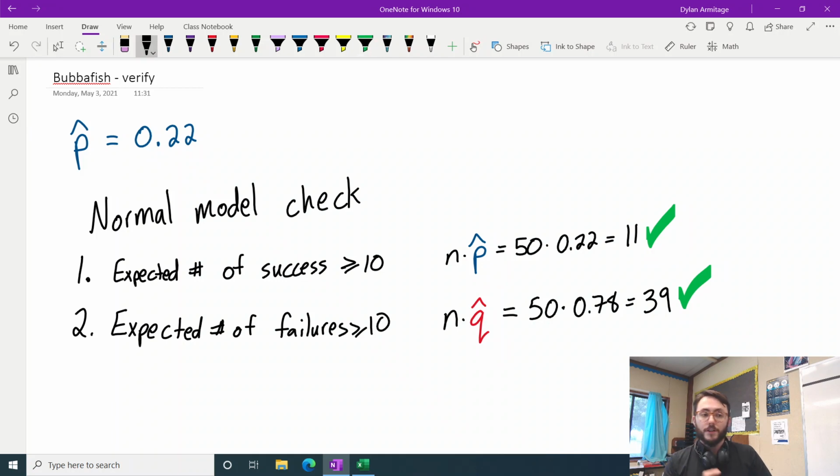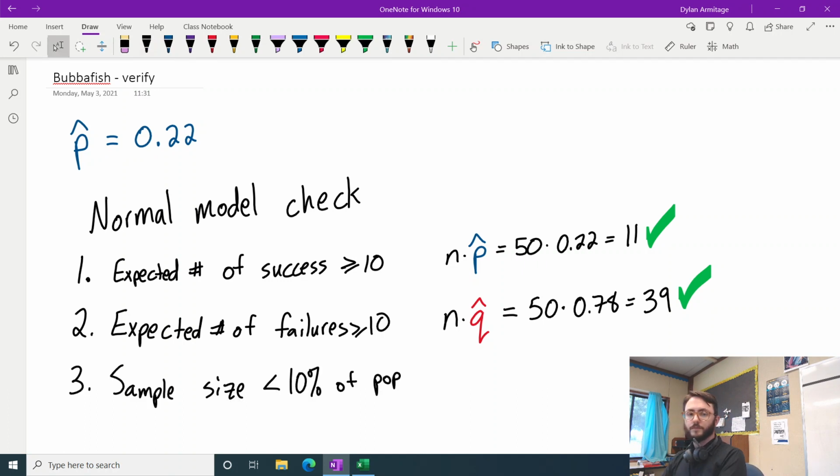The third check that we need to make sure is that our sample size is less than 10% of the population. This one can be a little difficult to estimate in real life situations, because we may not know the size of the population. In this case, it's 600, so that's easy enough.